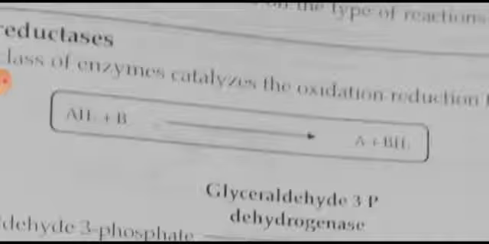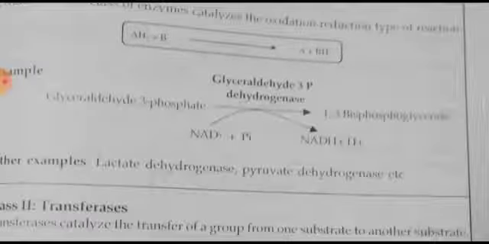That means from A, H is removed, so A is undergoing oxidation. For B, H is added, so B is undergoing reduction. This reaction is performed by the oxidoreductase enzyme. This is an illustration, and a specific example is given below. Glycerol 3 phosphate converted to 1,3 bisphosphoglycerate.